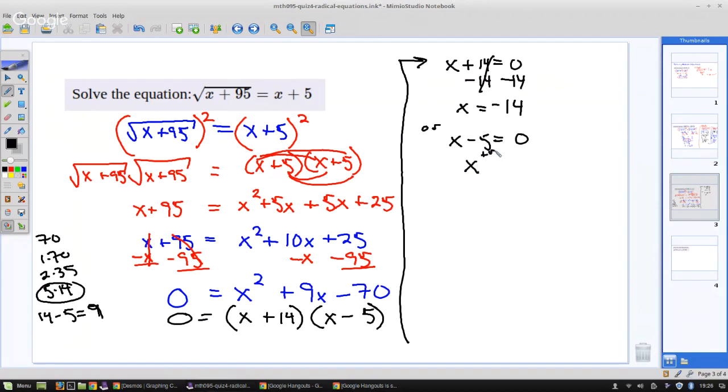So adding 5 to each side, x equals 5 is another possible answer. So let's circle them and we'll check. So I have two guesses based on some educated work here. I still have to check, and I have to check by plugging into the original. Let's get a new page to do that.